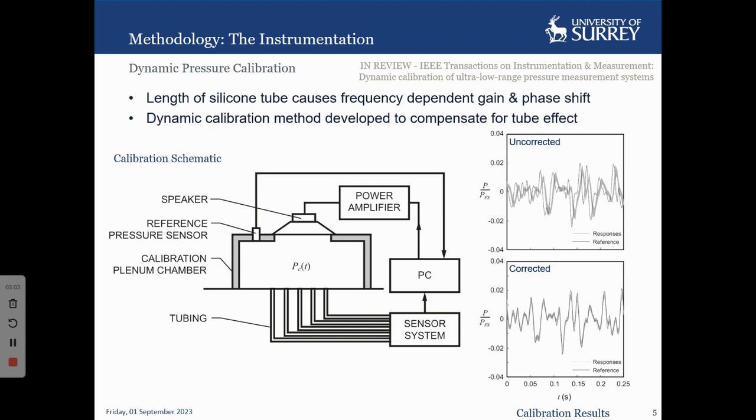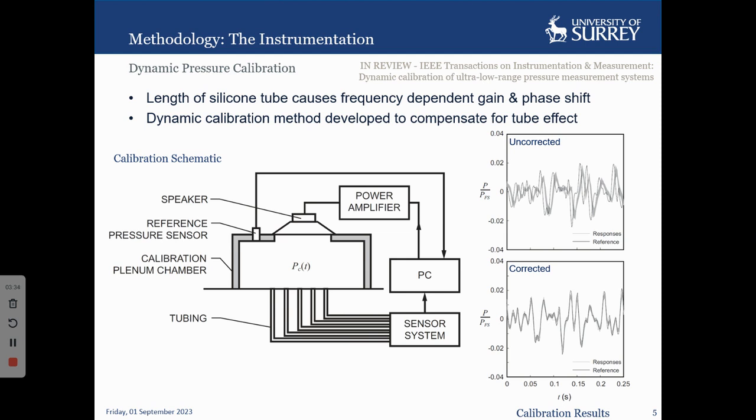So we subjected the cube to a range of different pure tone frequencies from about 2 Hz to 200 Hz, and then compared the response from each of those individual pressure taps attached to the cube to a reference pressure sensor attached with a really negligible length of tube. So then we got a calibration constant for the amplitude and the phase for each of those pressure taps on the cube, and then we correct them all individually to match that reference one.